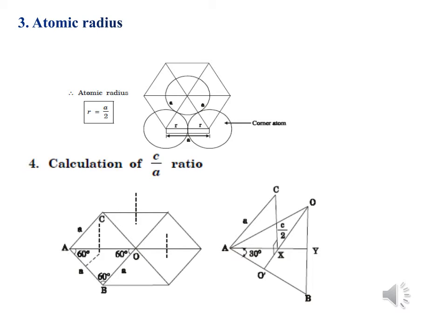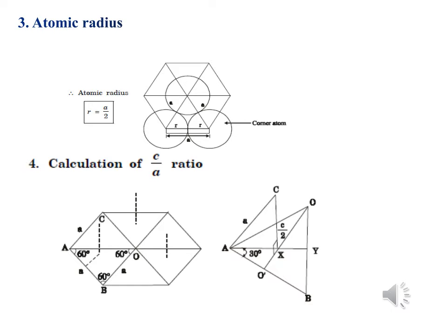For the hexagonal system, consider the top layer to bottom layer height is C, and the middle layer to bottom layer height is C by 2. Let us consider the 6 corner atoms and 3 middle layer atoms joined, and consider the arrangement of atoms A, B, O and C, where C is the middle layer atom.